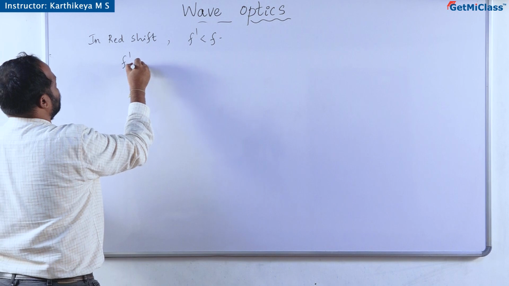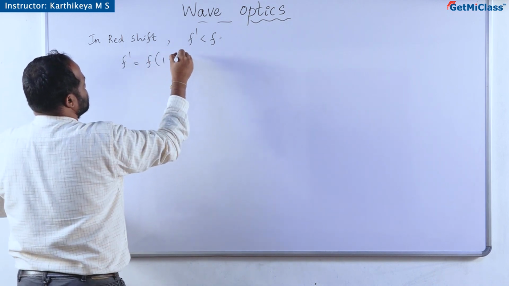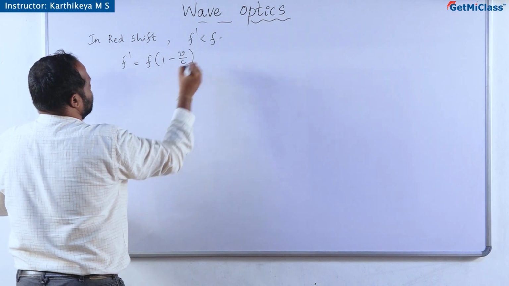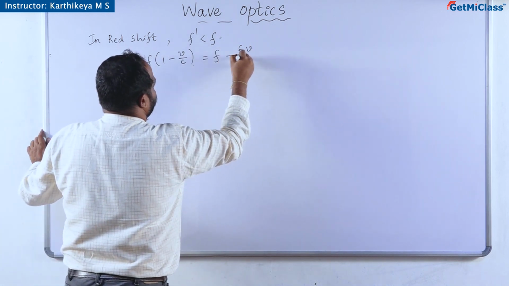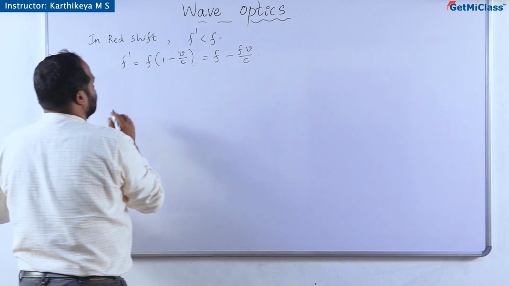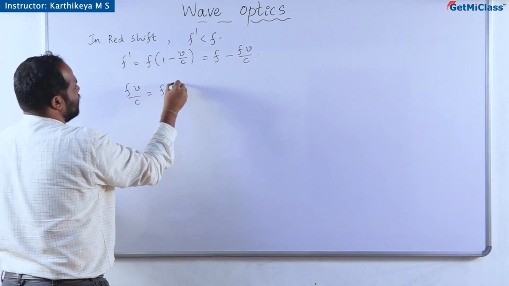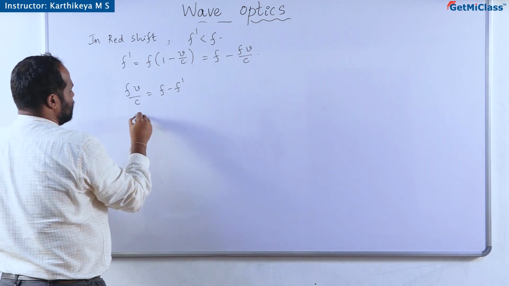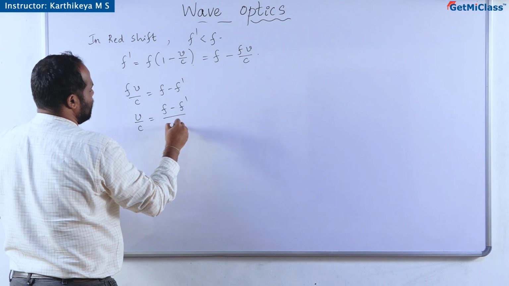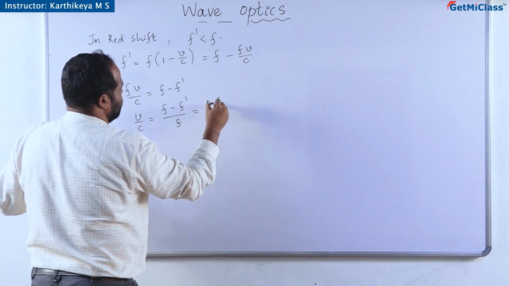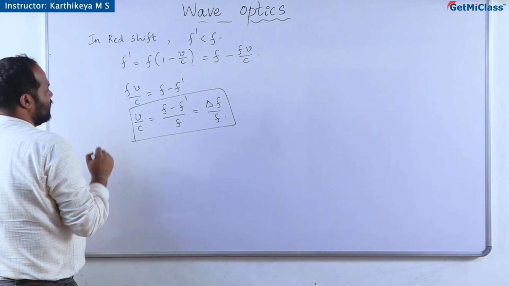The formula is f dash is equal to f into 1 minus v by c, which can be written as f minus fv by c. So fv by c is f minus f dash, and v by c is f minus f dash by f, which is delta f by f. So this is one formula.